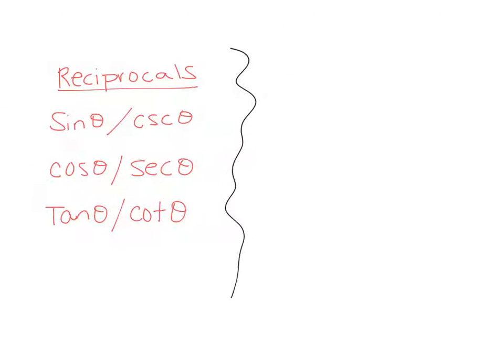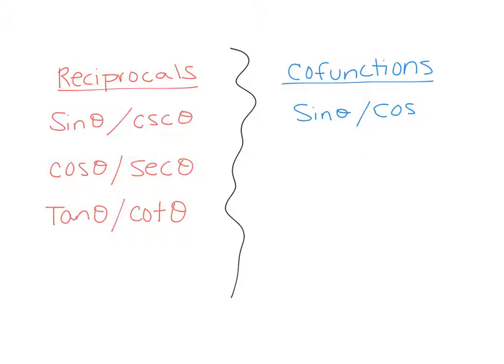And now today, we just learned something called cofunctions. So now we have cofunction pairs. Okay? Cofunctions are sine of theta and cosine of theta, cotangent of theta with tangent of theta, and secant of theta with cosecant of theta.